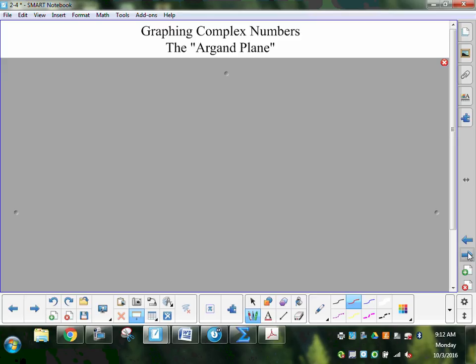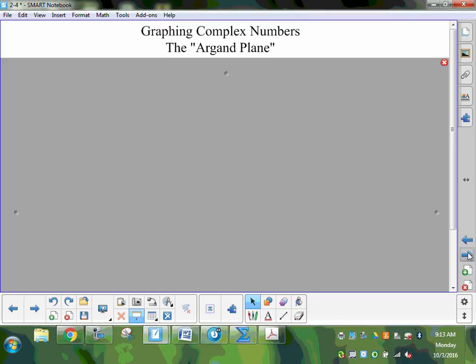Now, you all did not know the Cartesian plane coming in last year. We didn't know lattice points either, which makes me wonder if we played too much Kahoot. Now, we're going to graph out something called the Argand plane. The Cartesian plane is used for real numbers, with an ordered pair x, y.